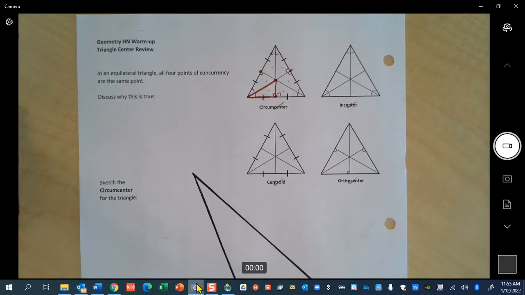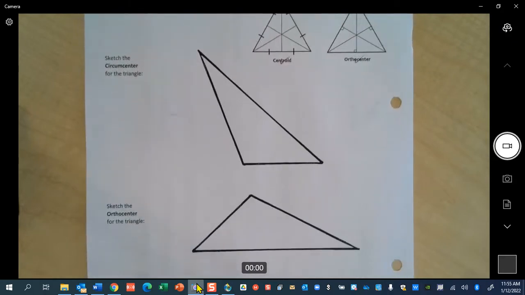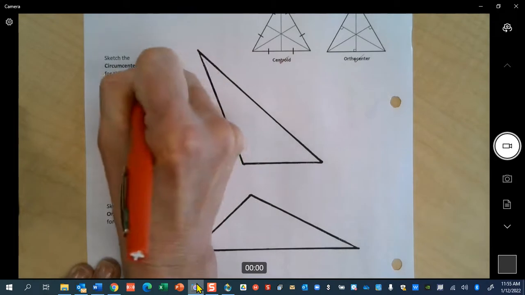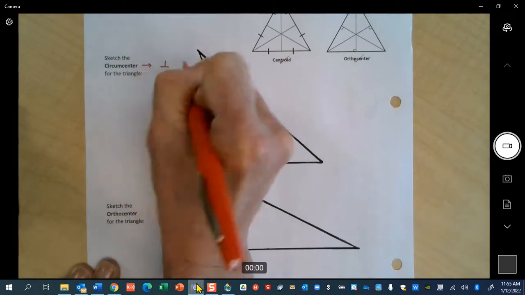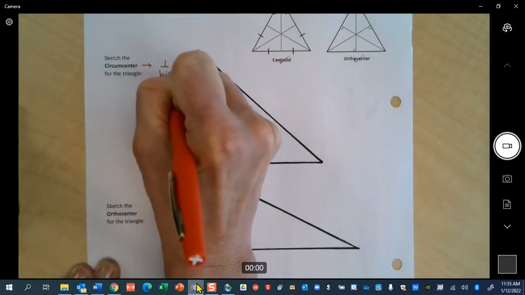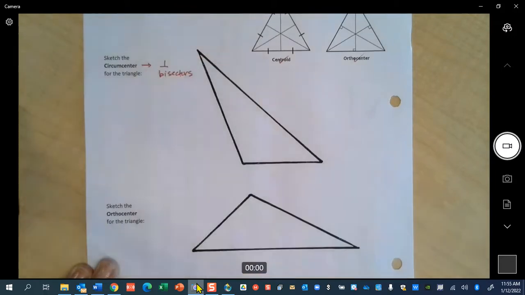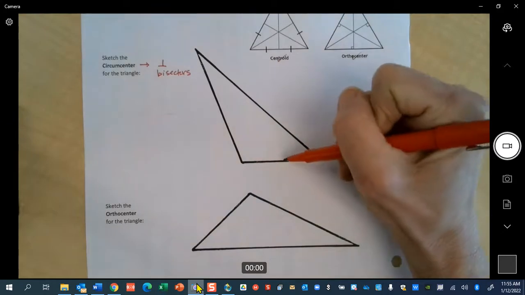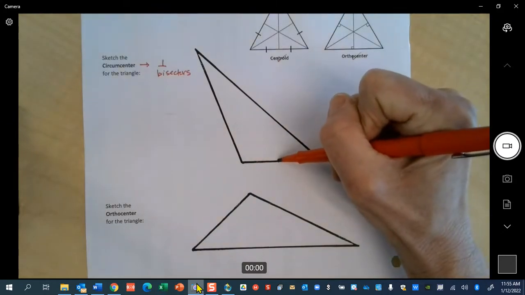All right, so what we want you to do is remember that the circumcenter is the point of concurrency for our perpendicular bisectors. And in an obtuse triangle, it's outside of the triangle. So what I want you to do right now is give me a rough sketch.